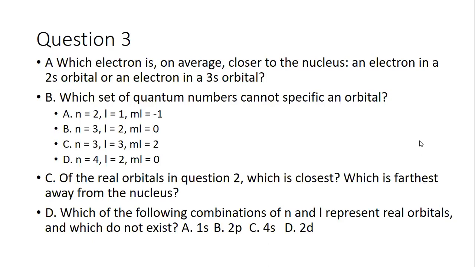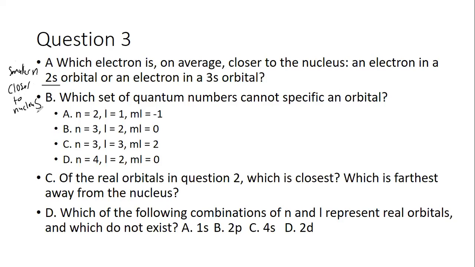All right, so let's take a look. Which orbital on average is closer, 2s or 3s? As most of you got it, it was the 2s. Basically, the smaller the value of n, the closer you are to the nucleus. It doesn't always work out that way.